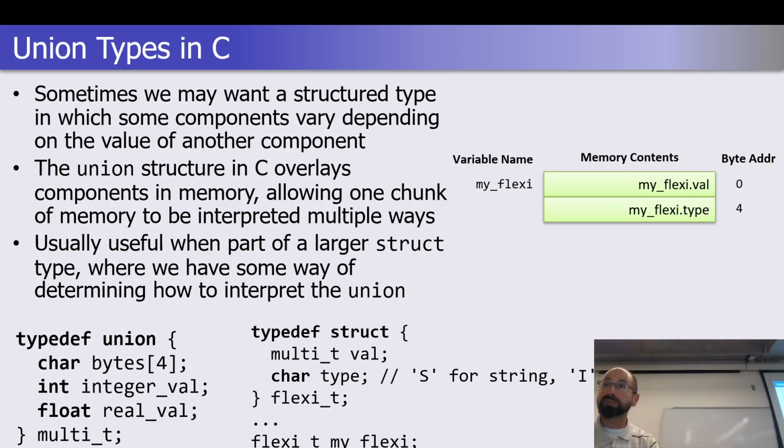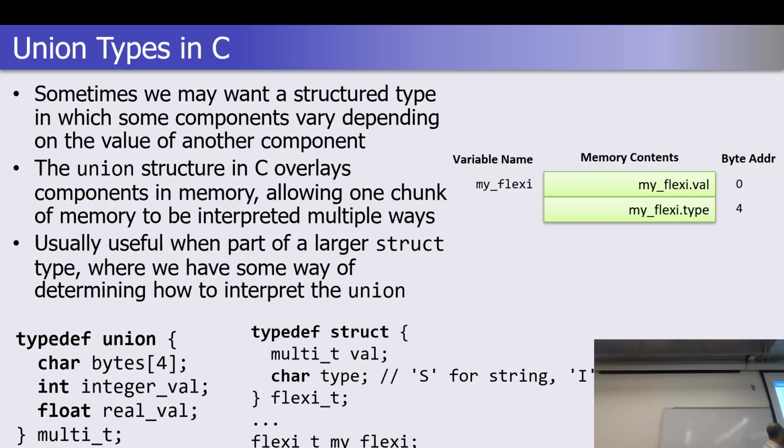Well, that becomes up to your program in terms of how you want to interpret that particular location in memory. Ultimately, whether it's an int or a float, it is just bytes in memory. So this abstraction is always our correct way of thinking about what's happening in memory. The union type allows us to decide, at programmer time and ultimately at runtime, how we want to interpret those bytes.